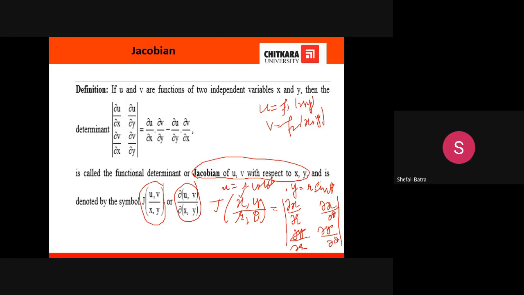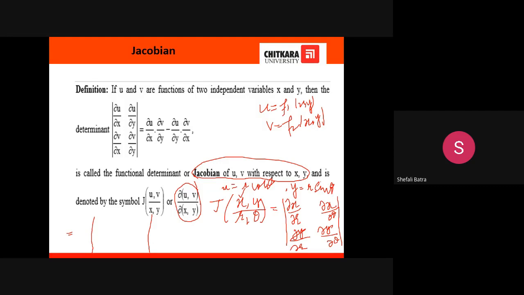Find out all the derivatives. Hurry up and let me know. Curly x upon curly r. Yes, tell me beta, what will be the value of curly x upon curly r?